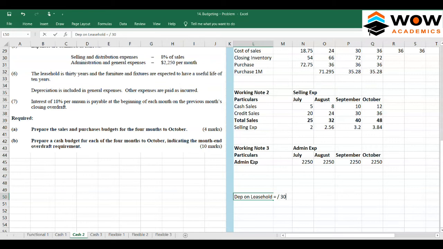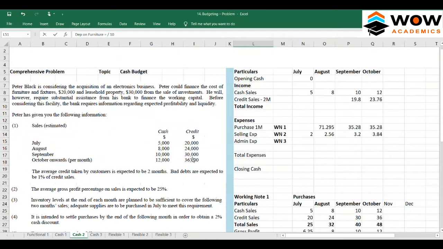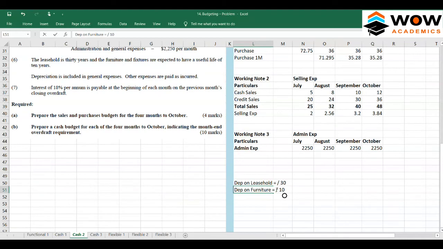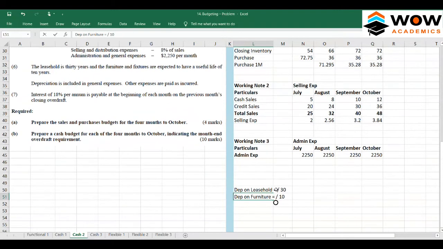And we have another one, depreciation on furniture. Furniture has a life of 10 years. So we have to get the worth of it. Furniture is 20,000, lease is 30,000.